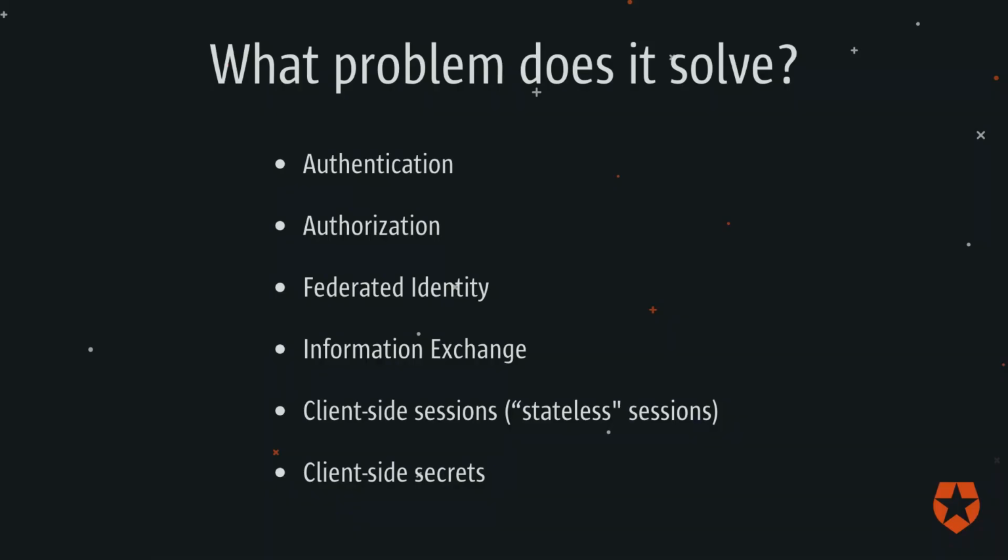Now, what problem do JSON Web Tokens solve? Many people know JSON Web Tokens only for authentication and authorization, but we can use them more deeply for other things. For example, federated identity, which is when I log in with Facebook or Twitter, all these platforms always return a JSON Web Token to us as a token or identification.